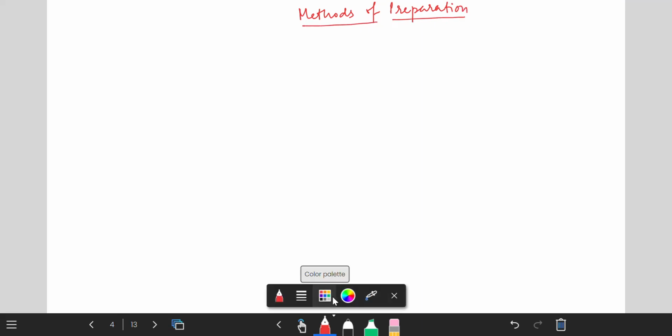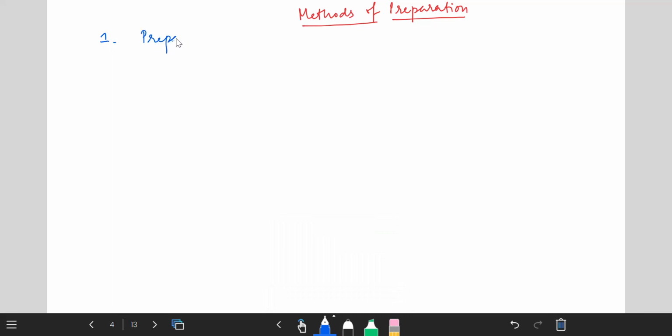First method is preparation of nanoparticles by polymerization technique.